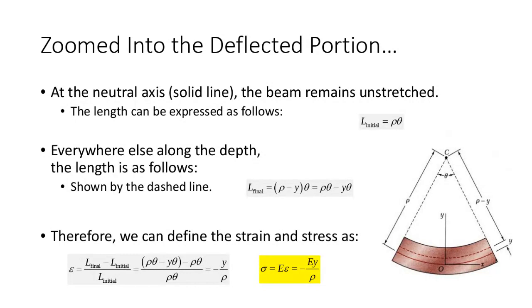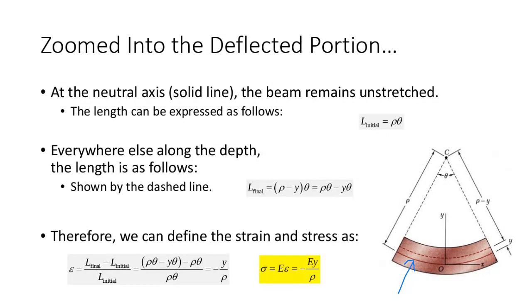So let's talk about the initial length. Here's this beam segment, and what I've got here is the beam that's bent. If you look at this segment, this solid line right there is the centroid.